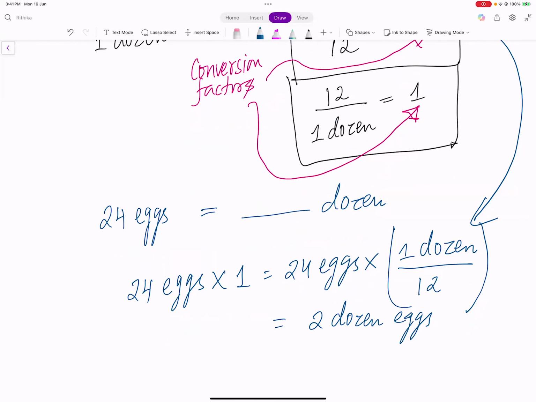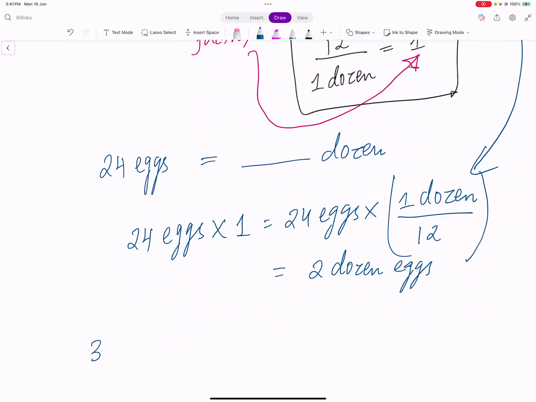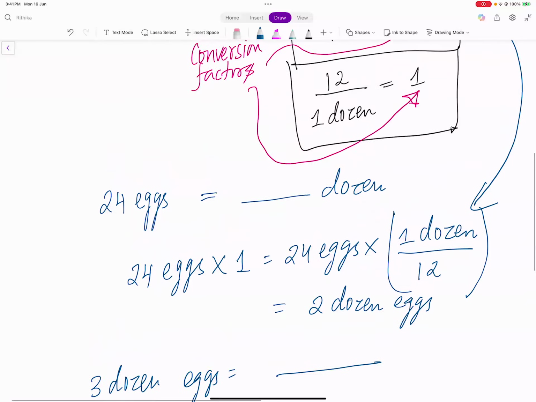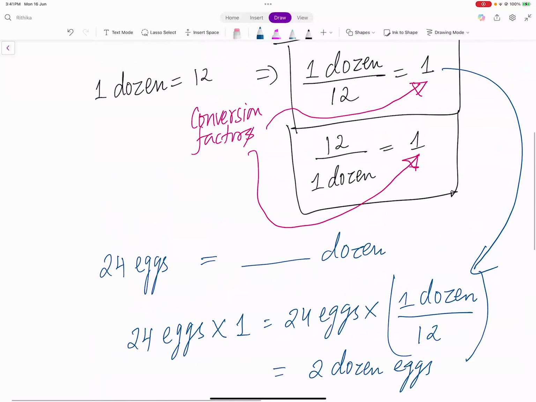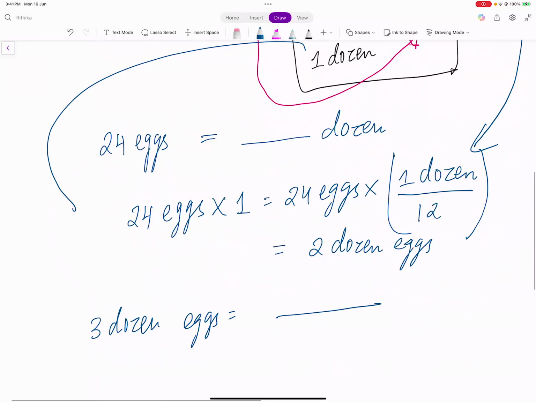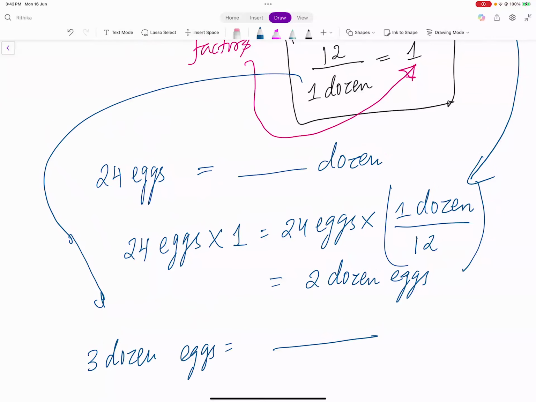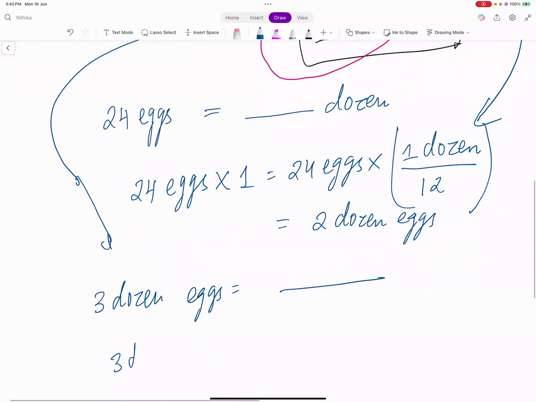And if I say 3 dozen eggs equal to dash, now I want to convert dozens, so I have to use this one. I multiply 3 dozen eggs, 3 dozen into 1.